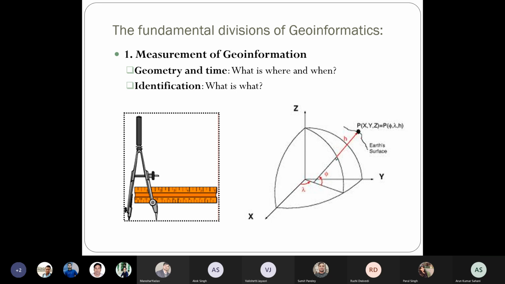Yes. Okay, Sumit, continue further. So after deciding the coordinates, we can have two options. Either we have two coordinate points and one angle, or we can have three coordinate points only.